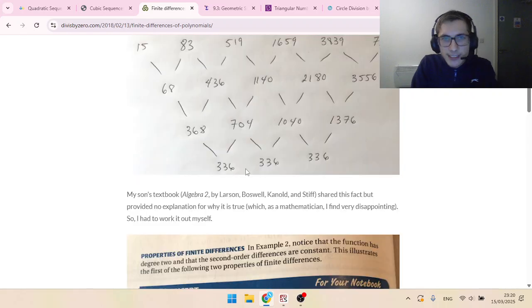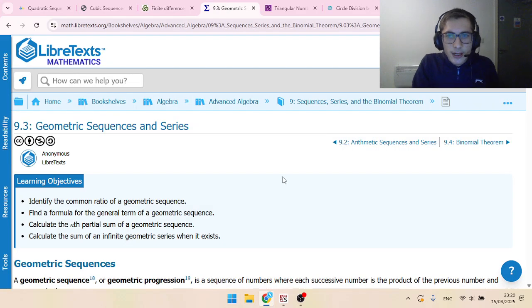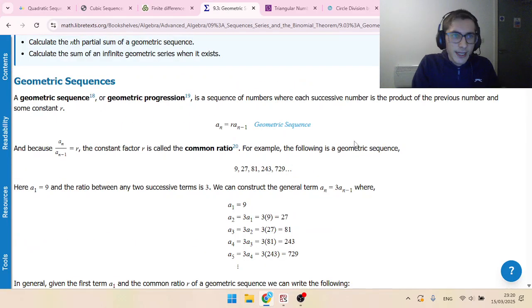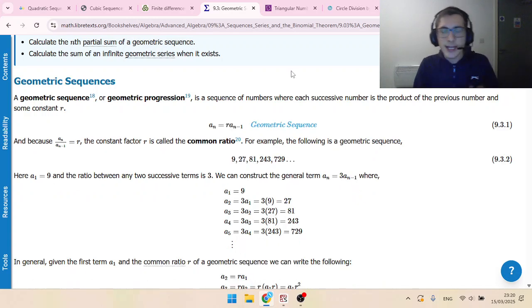So we've reached a line where all of these are similar. And so in geometric sequences, all the terms are multiplied by a common ratio. So there's this common thing in this sequence that I can exploit.